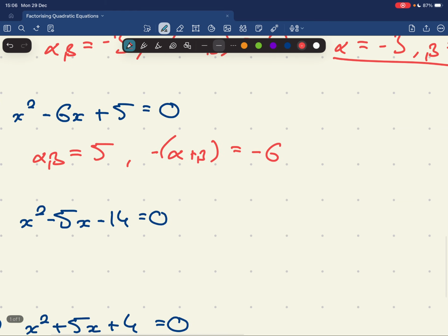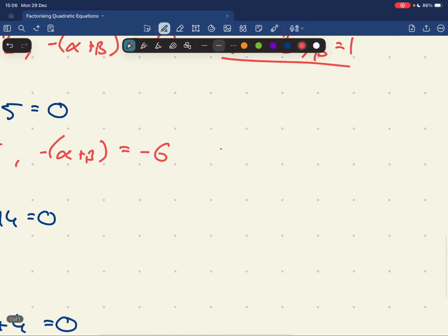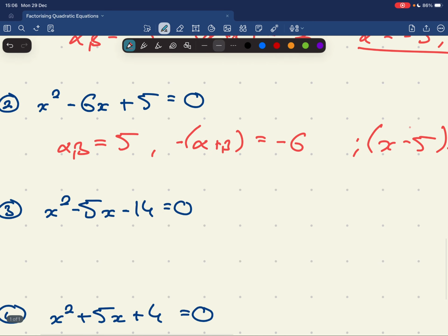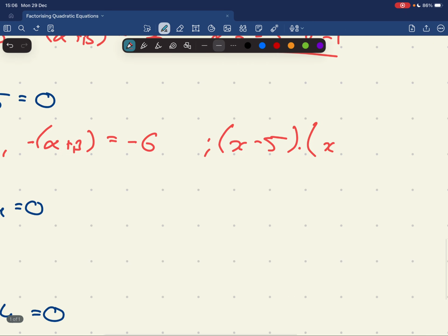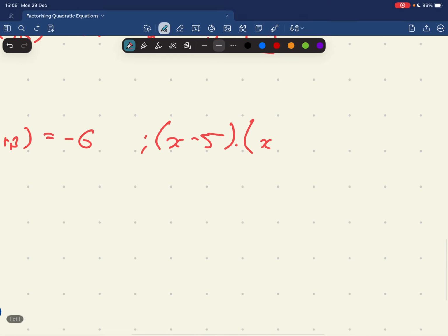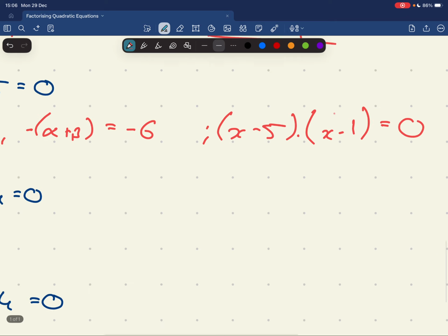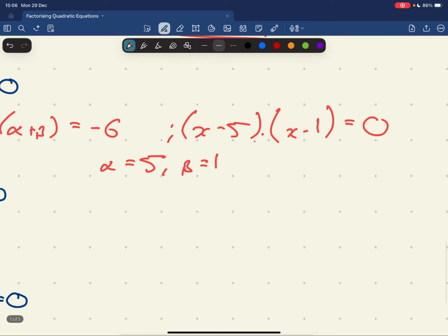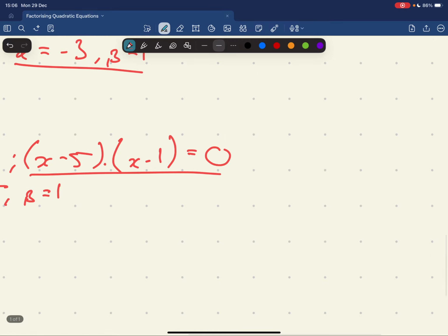Alpha is going to be 5 and beta is going to be 1. So once we've factorized, the expression is going to be x minus 5 times x minus 1 is equal to 0, where alpha is equal to 5 and beta is equal to 1. So this is the factorized version, and once you've factorized, you can also find the roots.